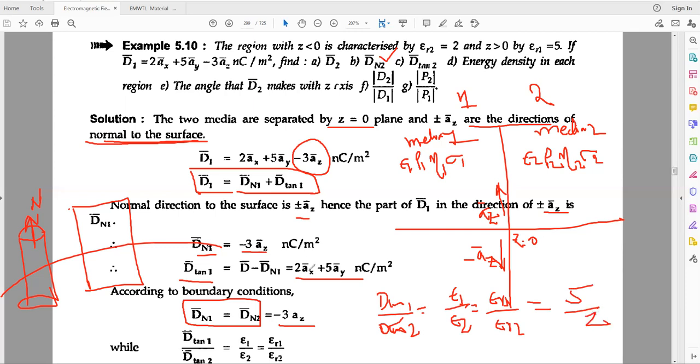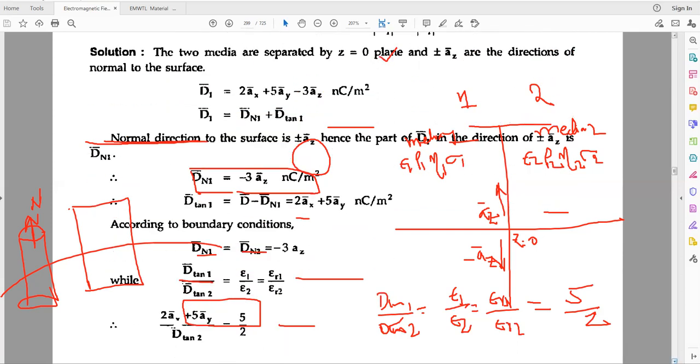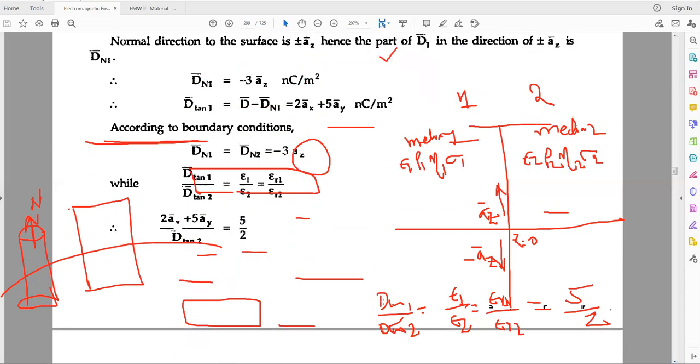D tan 1 is equal to 2 AX bar plus 5 AY bar. I can find D tan 2 from this equation. We are given epsilon r1 by epsilon r2 as 5 by 2.